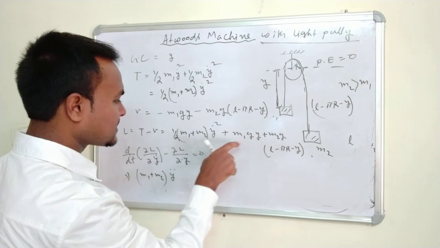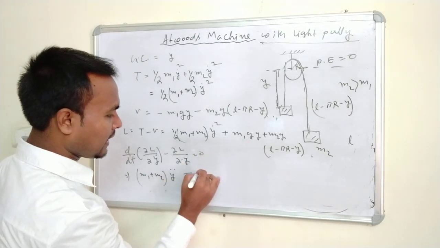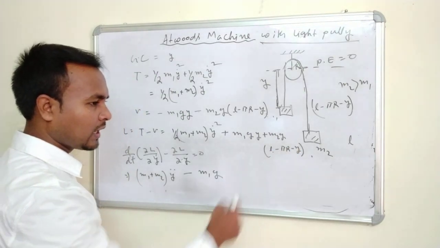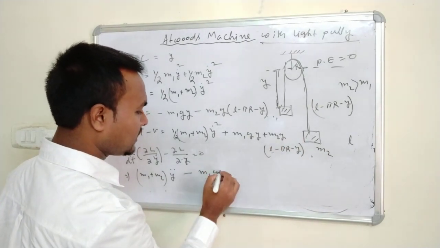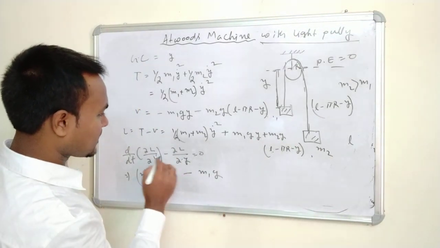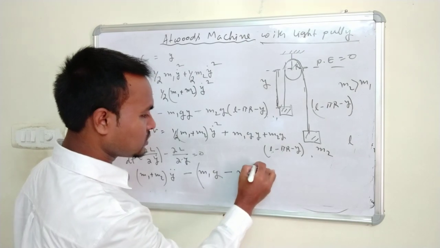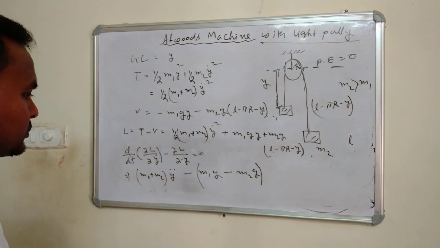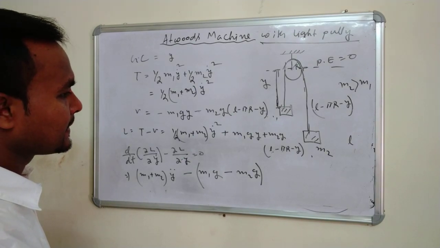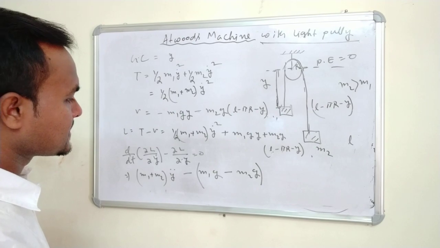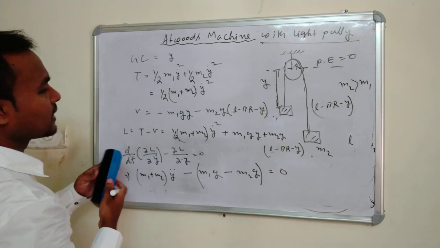Minus this with respect to y: minus m1 g, and since L and pi r are constant, their contribution will be 0, and the last term gives a minus sign, so minus m2 g, that is equal to 0. You can pause it and write it.